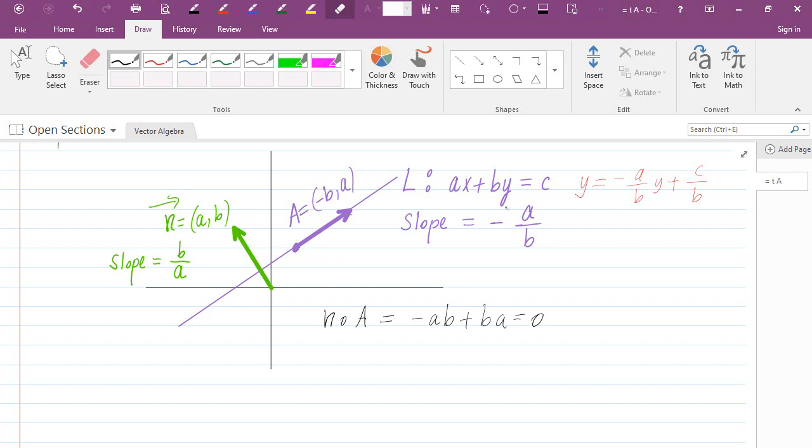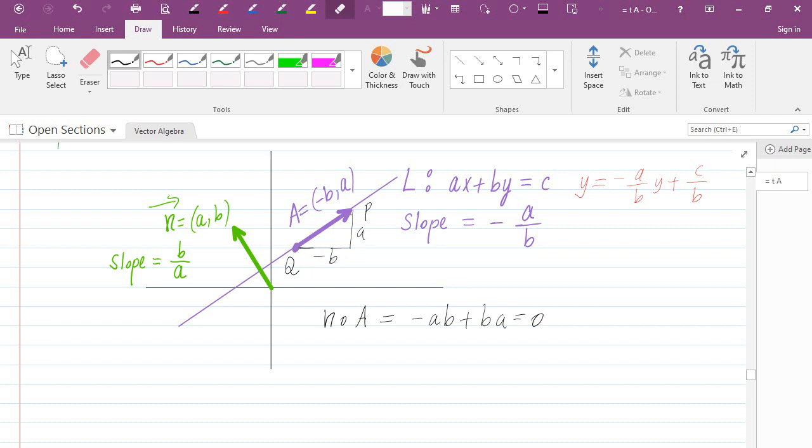Now I want to point out one more thing. Because the slope of the straight line is negative a over b, we should be able to pick 2 points P and Q on the line so that the rise over run here is a over negative b.